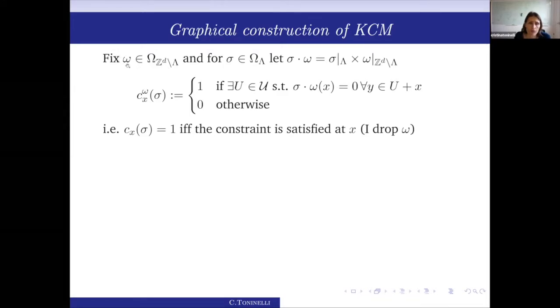So I fix a configuration omega outside my volume lambda, and I define a function c_x^omega, which is 1 if the constraint is satisfied at site x for the configuration sigma with boundary condition omega, and is 0 otherwise.